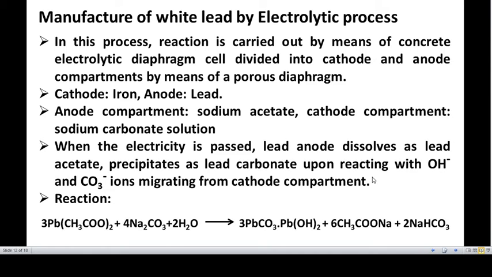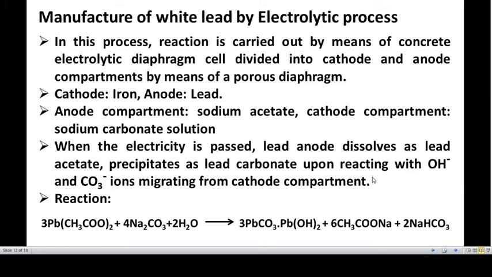Then what happens? The lead anode dissolves as lead acetate because in the anode compartment we have sodium acetate. It reacts with the lead and dissolves in the form of lead acetate, and precipitates as lead carbonate upon reacting with OH- and CO3 ions migrating from the cathode compartment, because in the cathode compartment we have sodium carbonate.